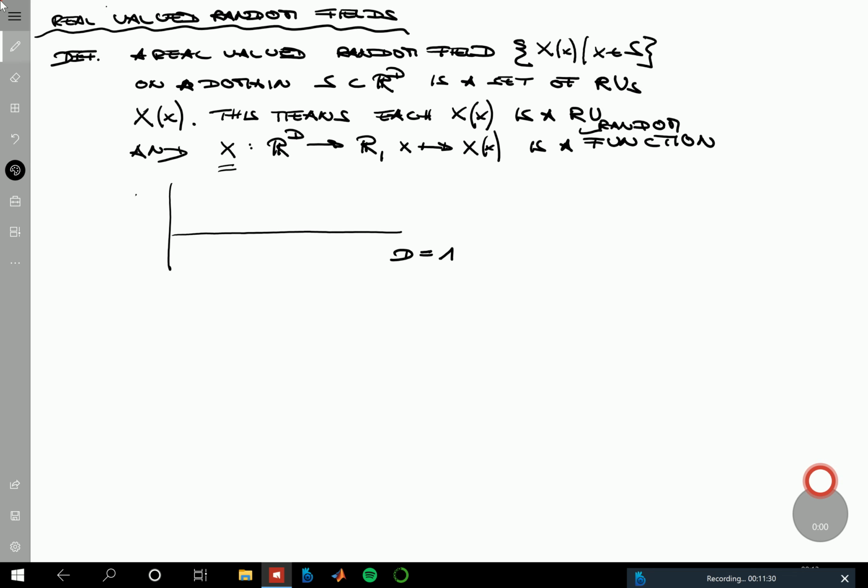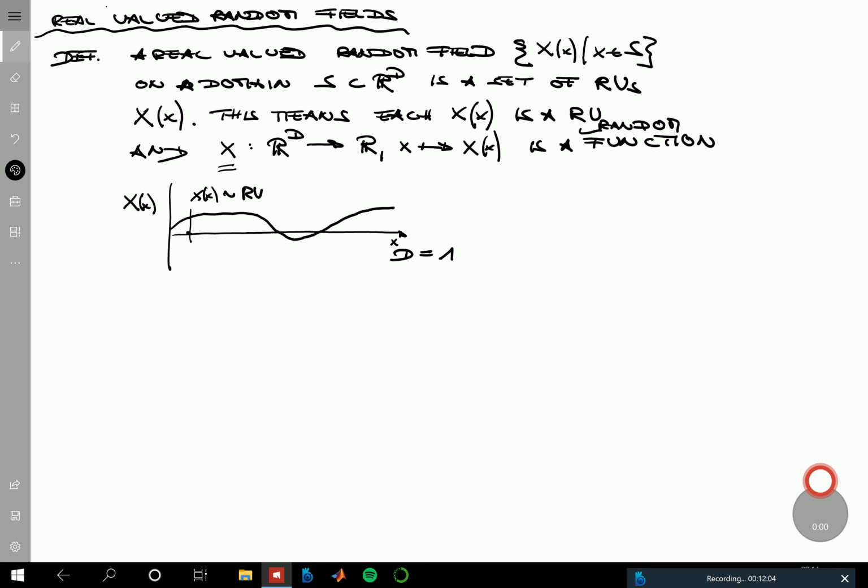Like for any function, X allocates to small x a value, and then you can draw the function. At the same time, at each location x, each X(x) has a distribution, and it's a random variable.